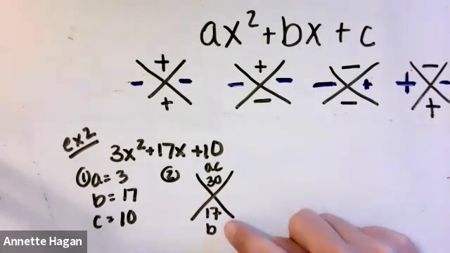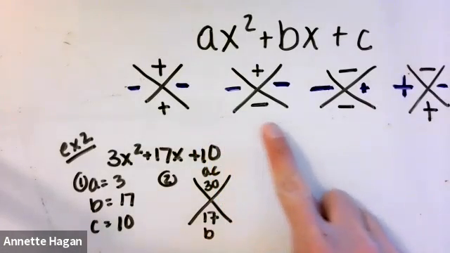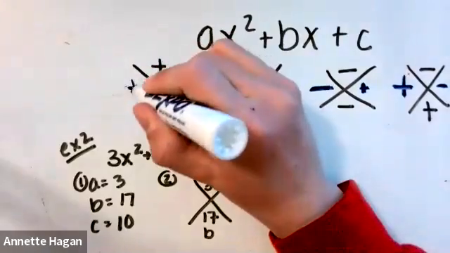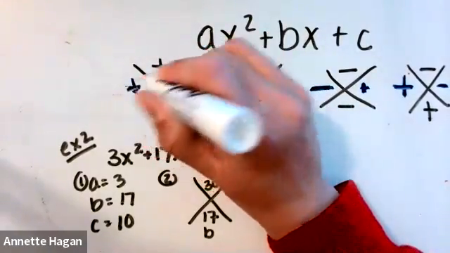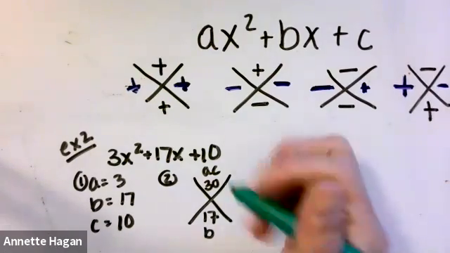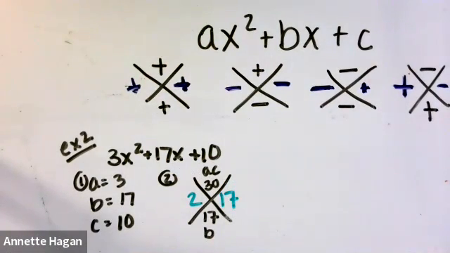Now, they're both positive, so I am looking for 2 positive numbers. So factors of 30, there's 1 and 30, there's 3 and 10, there's 2 and 15, and 2 and 15 would be my 2 numbers that add up to 17.